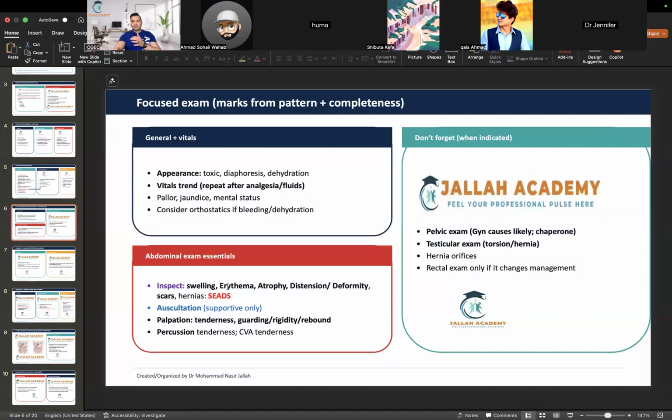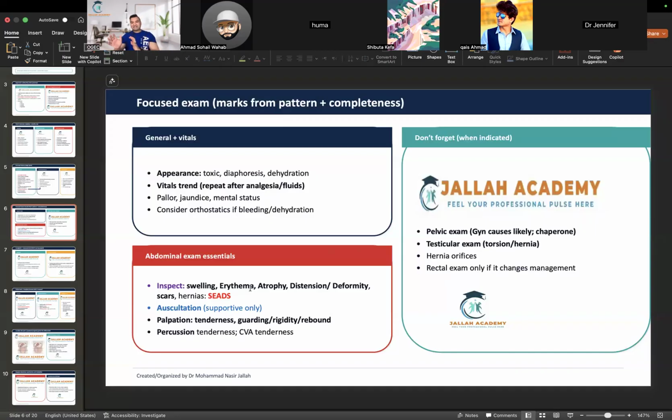Just remember erythema and edema, because if it is a joint, then you're looking for the edema as well. But it's still the SEADS. Memorize it and always apply it for the focus inspection, not the general inspection. General inspection is general, as I mentioned before.